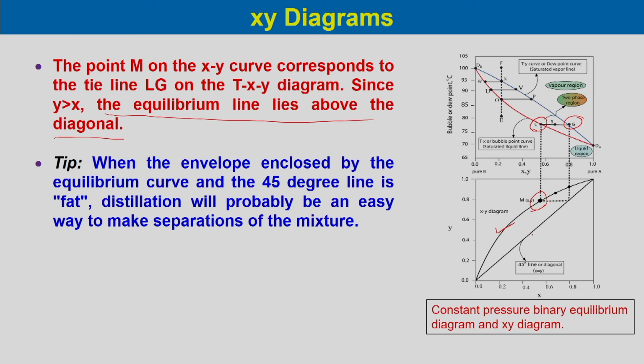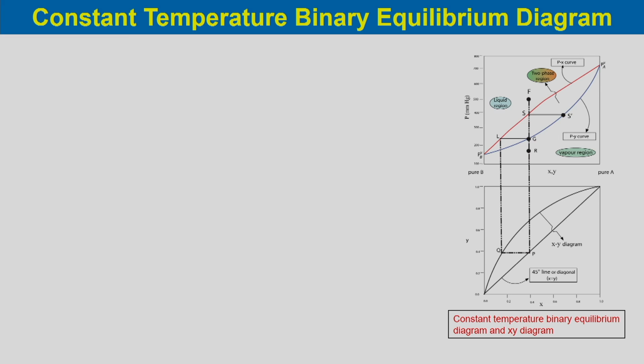So, if we have a larger distance from the 45-degree diagonal to the equilibrium curve, then the separation of the component mixtures would be much easier by distillation.